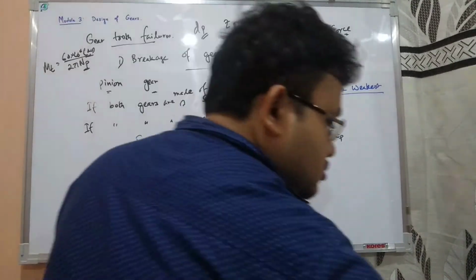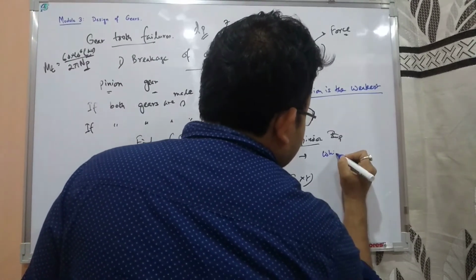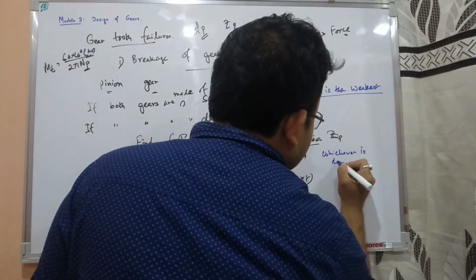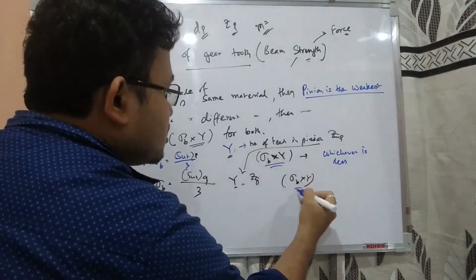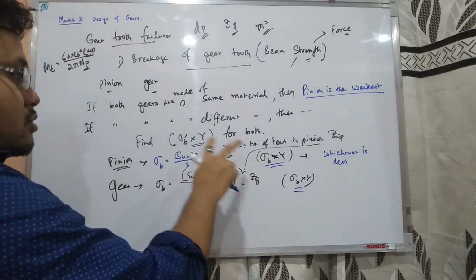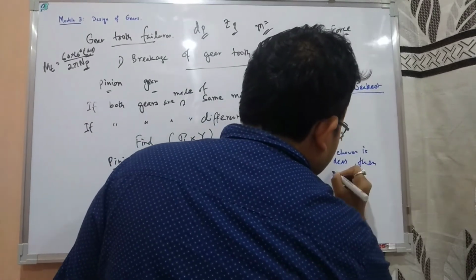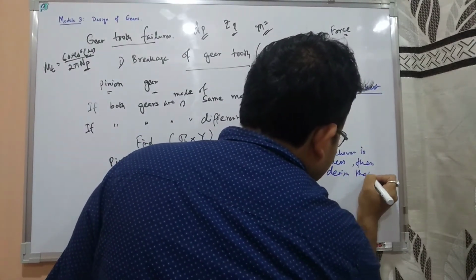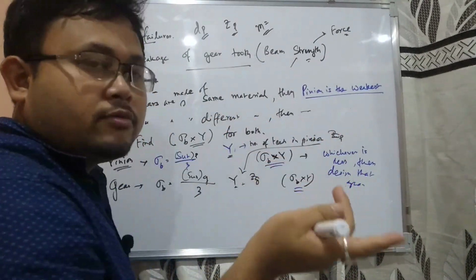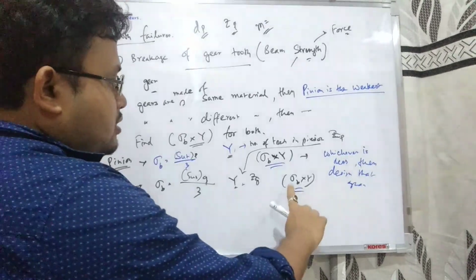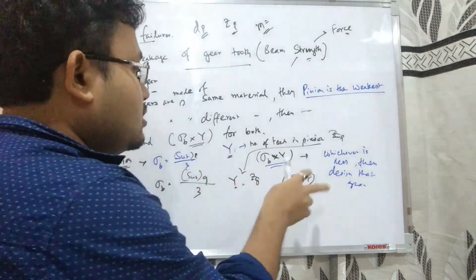Now, whichever is less among these two quantities, sigma B into Y, design that. If you find this as less for the pinion, then you design the pinion. If you find this factor sigma B into Y is less for the gear, compare these two, then you have to design the gear.